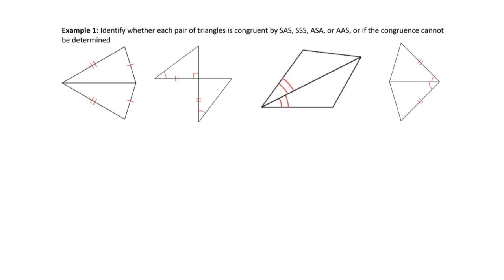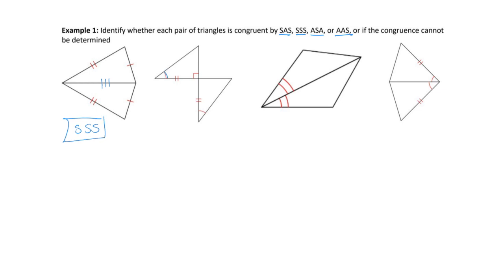Let's get into an example. Identify whether we have side angle side, side side side, angle side angle, or angle angle side, or neither. So always mark the sides that are touching. Touching sides are included. So this one we have 3 sides, so this is by side side side.